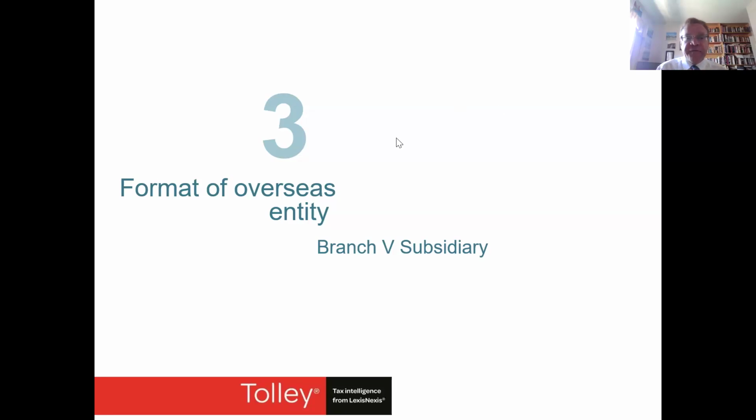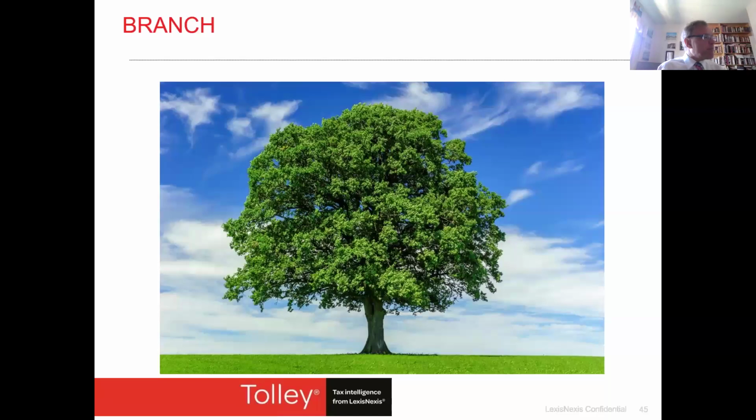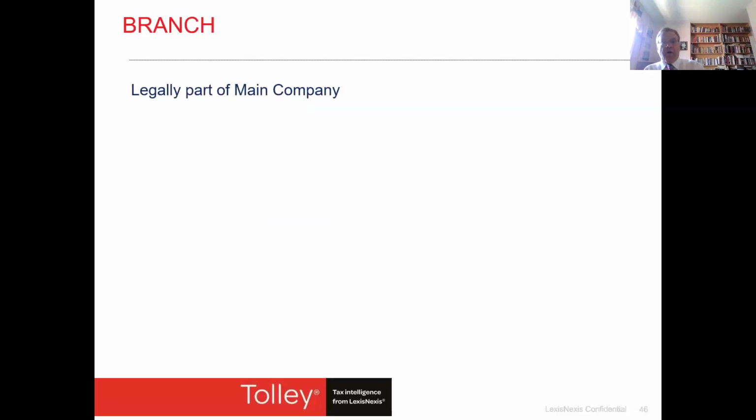Anyway, format of an overseas entity. In this basis, I would look at a tree. So a branch in a tree is part of a tree. And even if you have a branch, it is part of the main element. And a branch, therefore, is legally part of a main company. The accounts are integral to the main part of the main company.